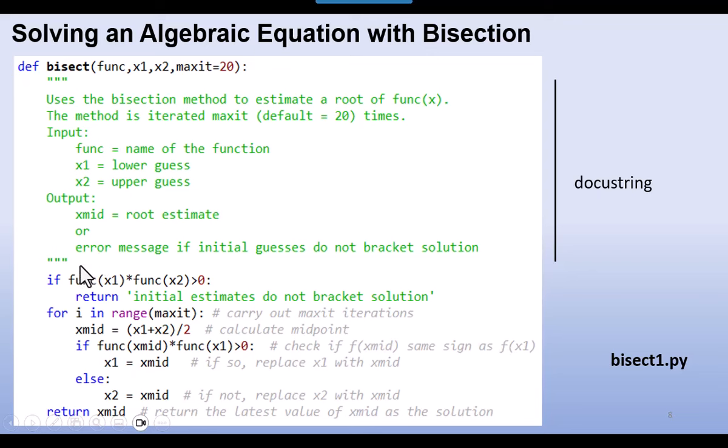Okay? And here we give a brief description. And it says the method is iterated maxit. Now, in this particular case, we defined a keyword variable argument called maxit as 20. And what that means is if the user doesn't specify this when they call bisect, they're going to get 20.